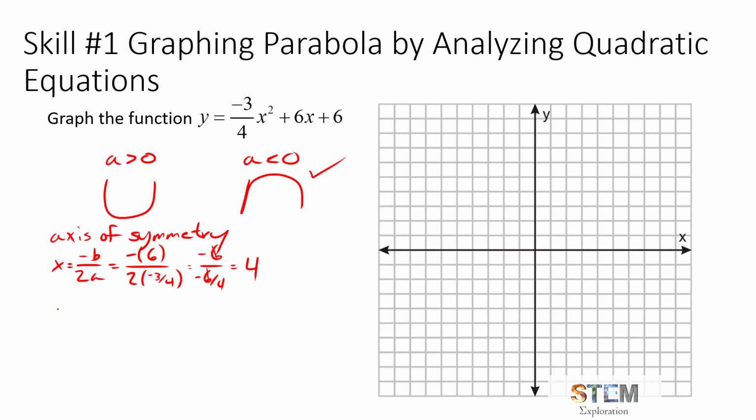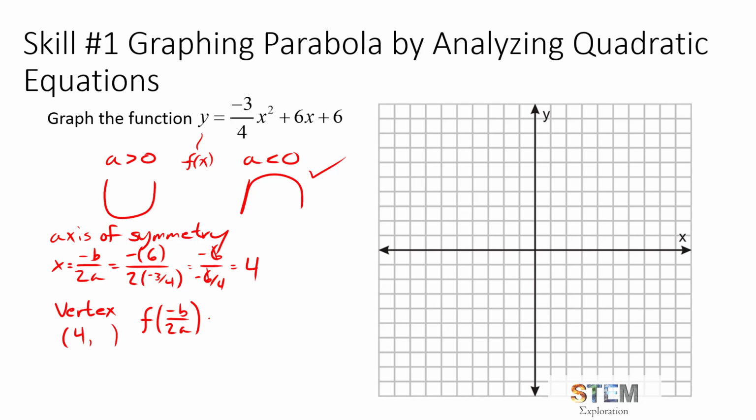Once we have the axis of symmetry, the next step is to find the vertex. Well, since the x value of the vertex is at the axis of symmetry, all we need to do is plug that into the function. So we're going to plug -b over 2a into the function that we have up here, assuming that y is equal to f of x.